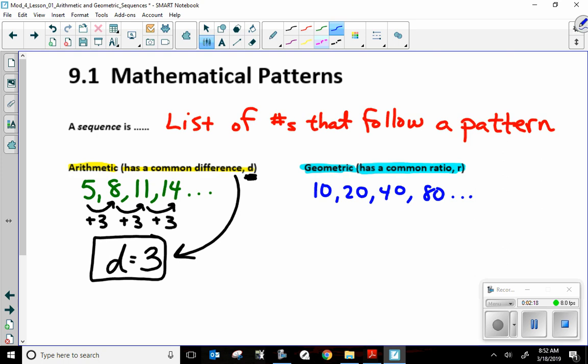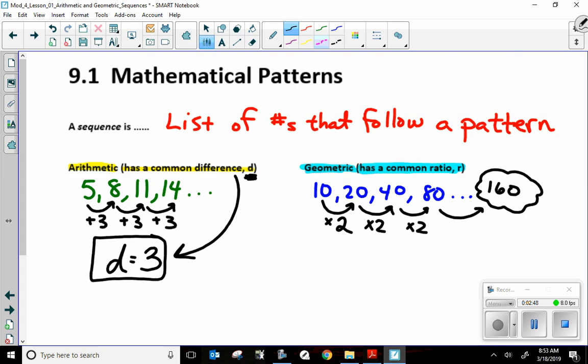Now, when I look at this, I should know right off the bat, I'm not just adding a number that's constant to get to the next term here. I can't, because it's increasing, or it can decrease sometimes at a larger and larger rate. But if I look at this, I can say, I get to 20 by multiplying that times 2. I get from 20 to 40 by multiplying it times 2, and so forth. So if we had to guess what our next one would be, we should know that would double and get to 160.